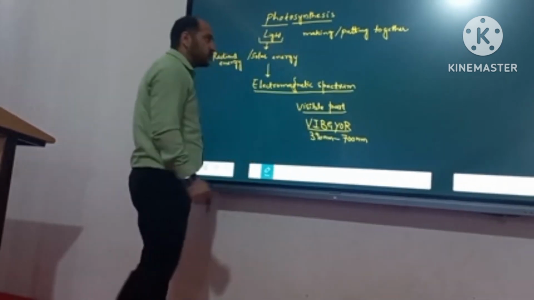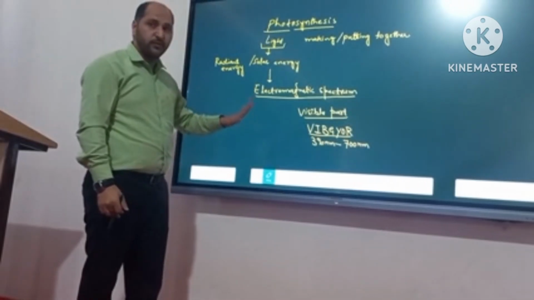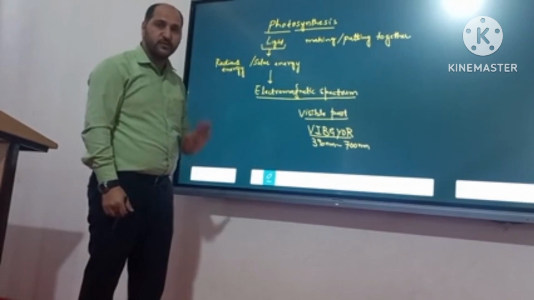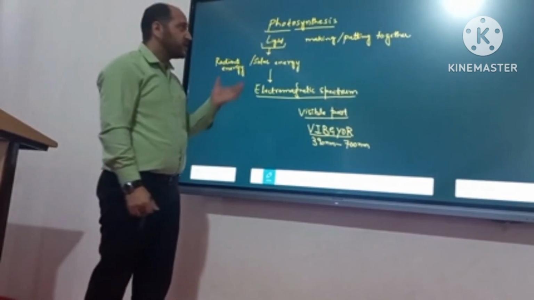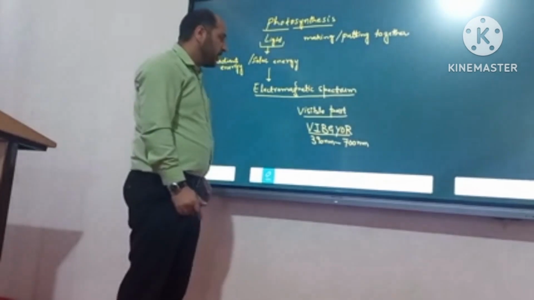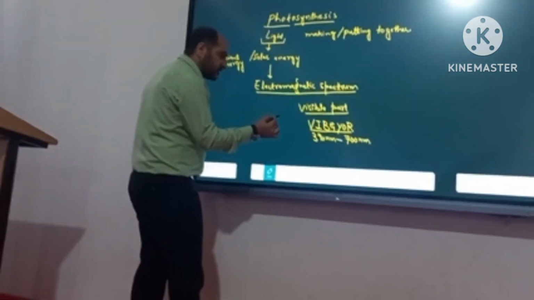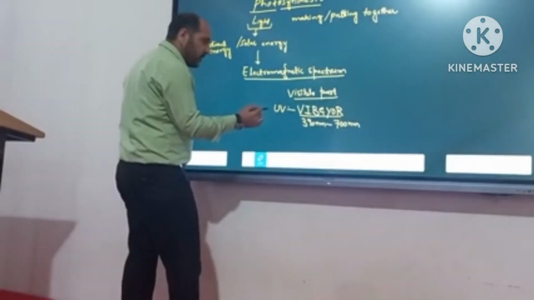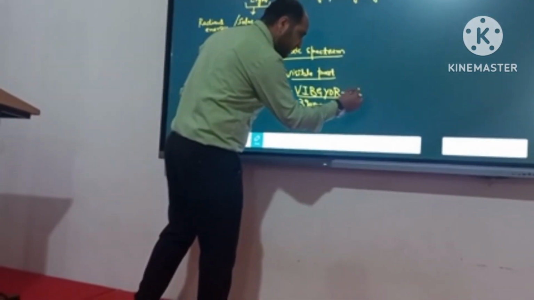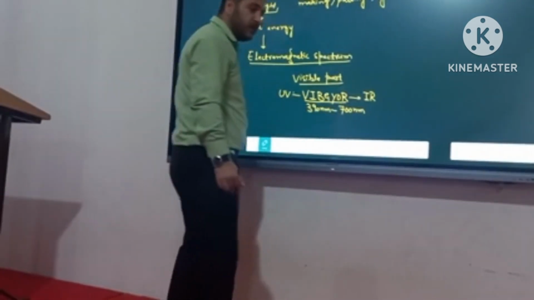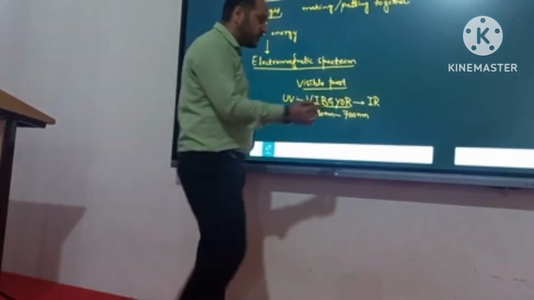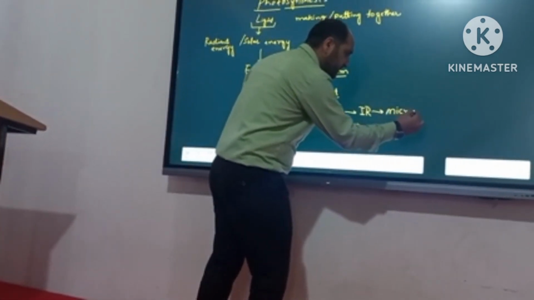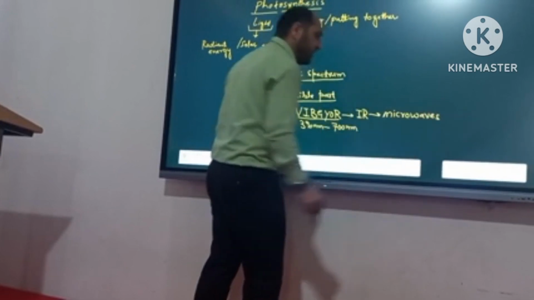This is the usable wavelength for photosynthesis by photosynthetically active organisms. The electromagnetic spectrum is also made up of ultraviolet rays, and as we increase the wavelength, infrared rays, microwaves, and radio waves.